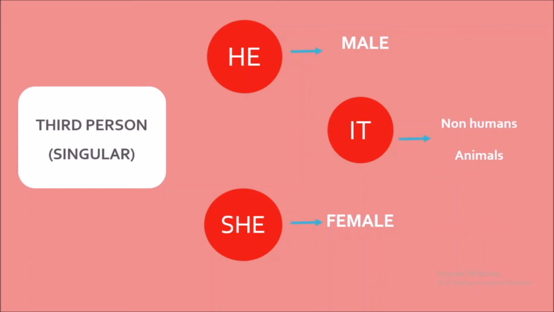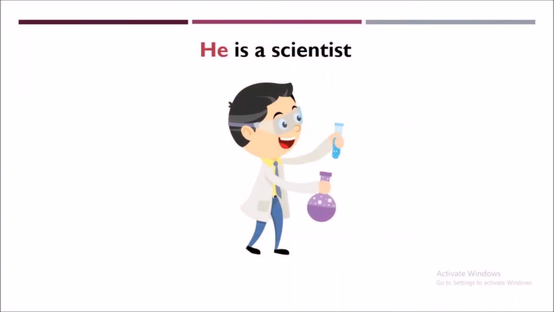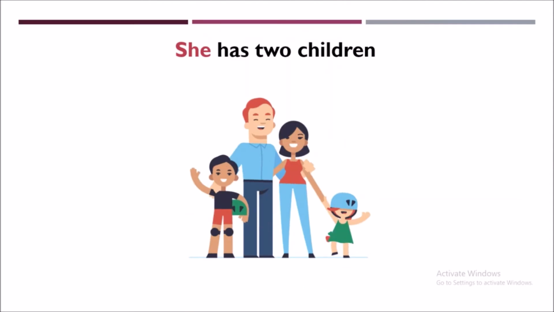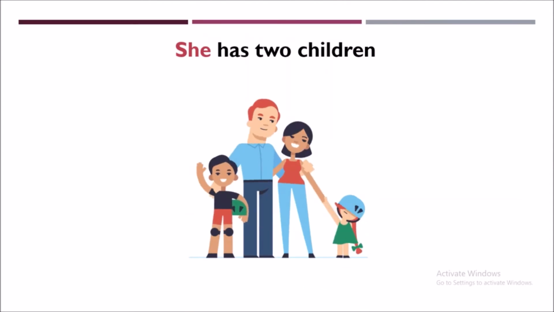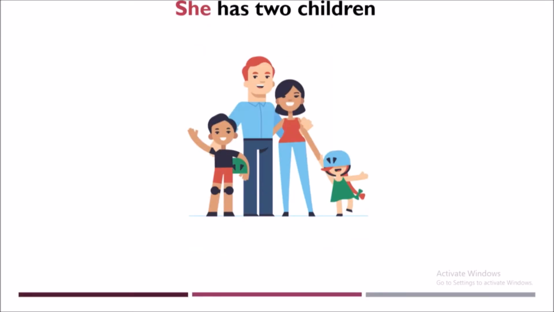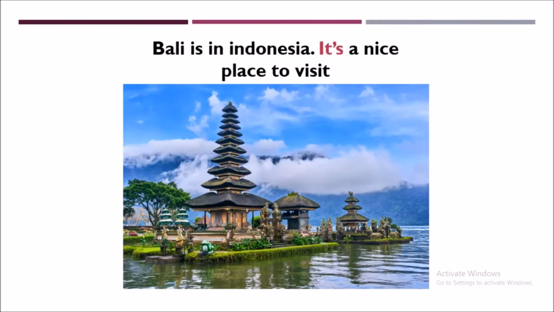For examples, he is a scientist. Next, she has 2 children. Bali is in Indonesia. It's a nice place to visit.